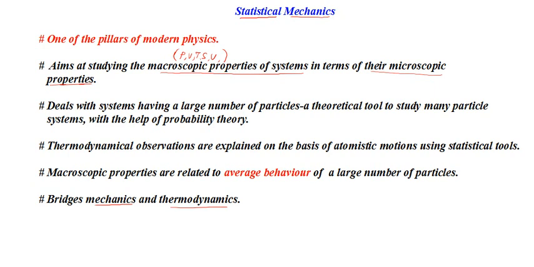You know that the first attempt to do such a microscopic description of macroscopic properties was the kinetic theory of gases, where, by using lengthy expressions and long steps, we could establish the pressure exerted by an ideal gas.